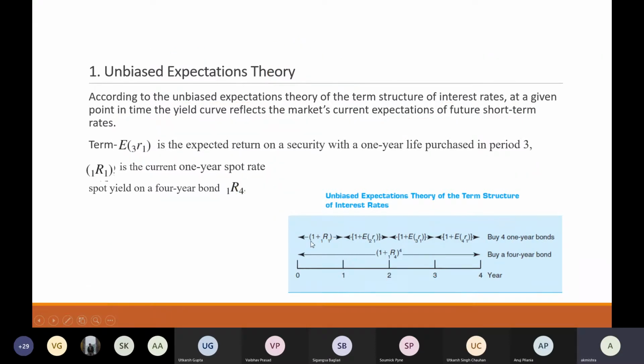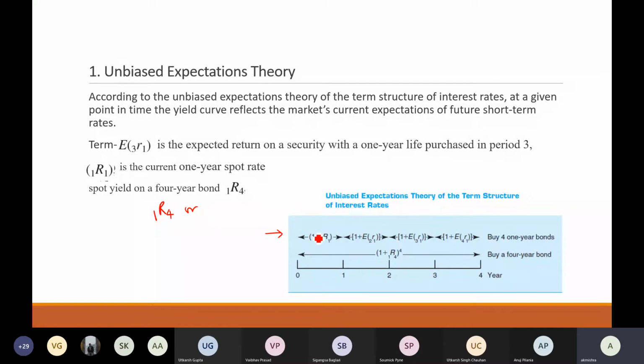And now coming back to this theory, the unbiased expectation theory. What this theory is saying is that, in this case, you have a 4-year instrument. If everything is normal, there is no unexplained factor or unexplained reason in a given economy, we should be indifferent between buying this versus this.